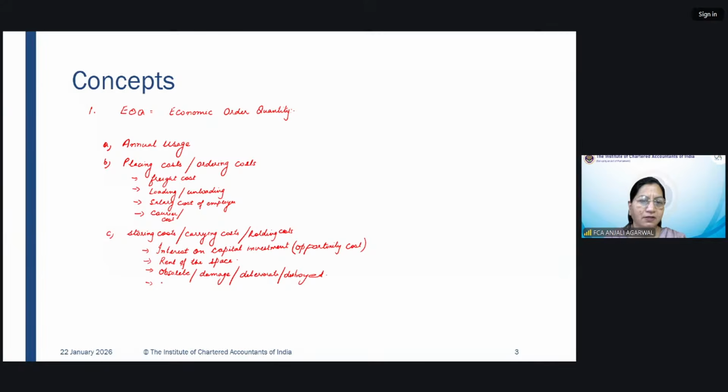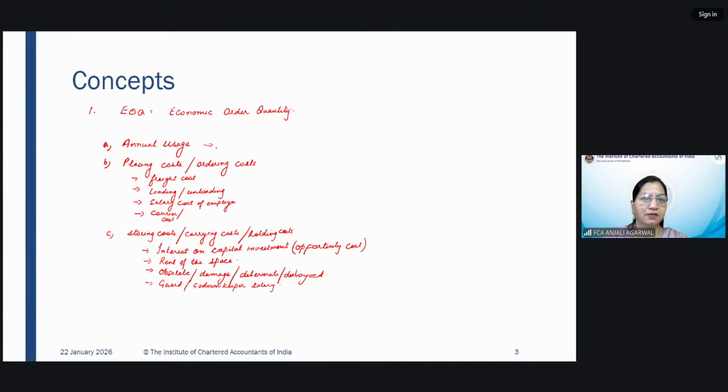Then you need a guard or warehouse keeper, a godown keeper, who takes care of the raw material. His salary is also a part of your storage cost. So these are some of the costs associated with storing the units.